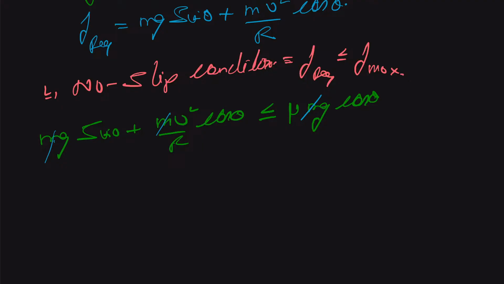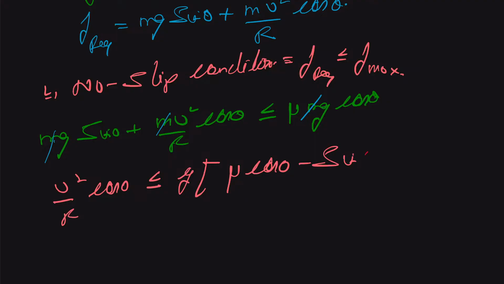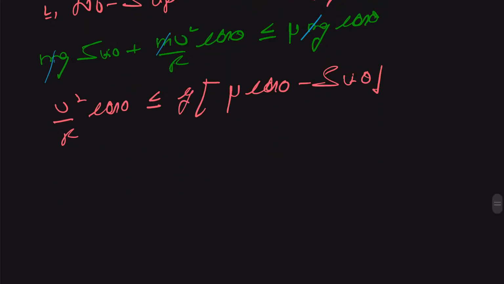So we can say that v square upon r cos of theta is less than or equal to g, which we can take as common, so this will be mu cos of theta minus sine of theta.